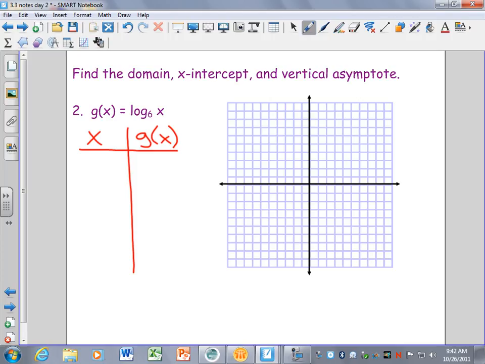And if I'm graphing this, log base 6, I need powers of 6, right? My x values are going to all be the answer of 6 to some power. So if you want to pick x's first, tell me a power of 6.